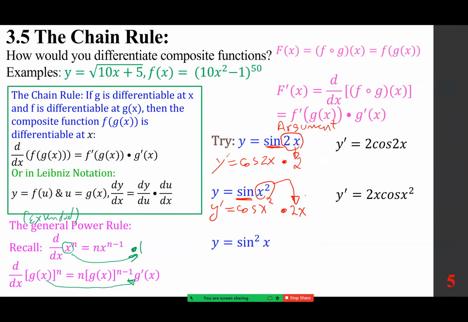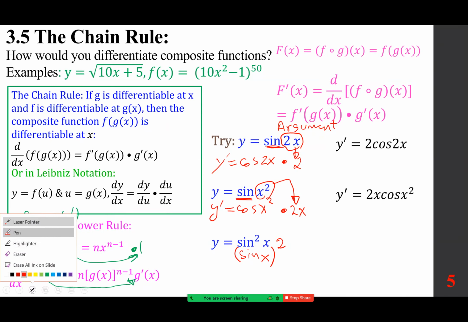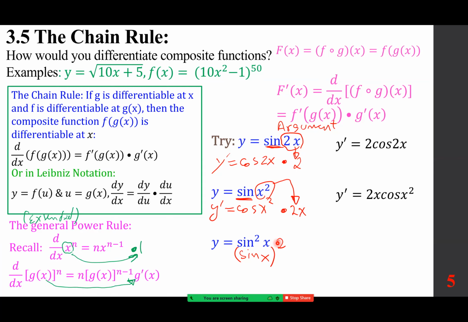The last one, perhaps if we rewrite it, it helps. If I rewrite the last one as sine x to the second power, now we realize we are dealing with the extended power rule, which means n, so we make 2 the coefficient, then we write the same thing, sine x to the power of 2 minus 1, so 2 sine x to the power of 1, and then g prime of x, the derivative of sine, which is cosine: 2 sine x cosine x.